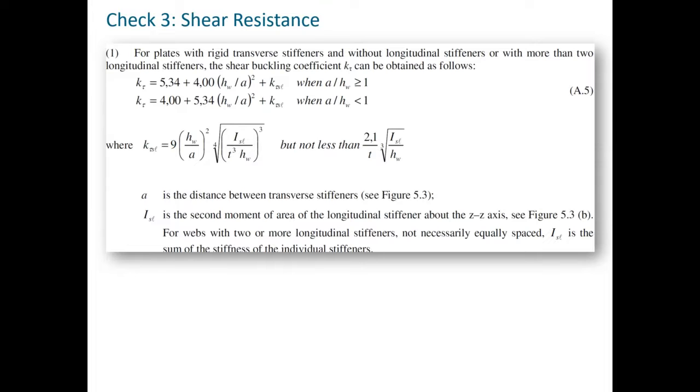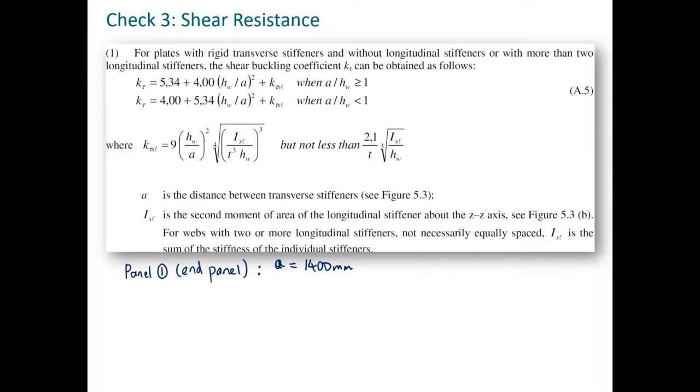So in panel 1, in that panel, we have a is equal to 1400 millimeters.